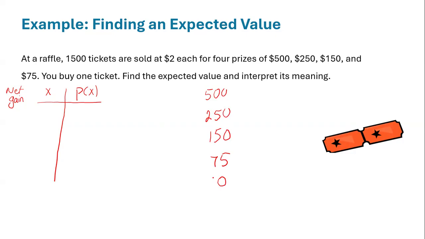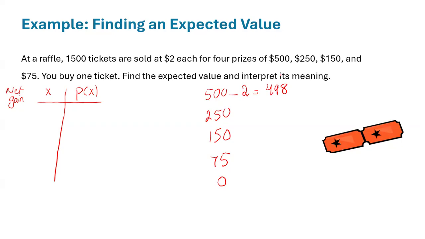But when you win $500, is your net gain $500? Is that all you receive? No, because we already paid $2 to buy the ticket. So when you pay $2 to buy the one raffle ticket, even if you win the $500 prize, your net gain is $498 because you already paid $2.